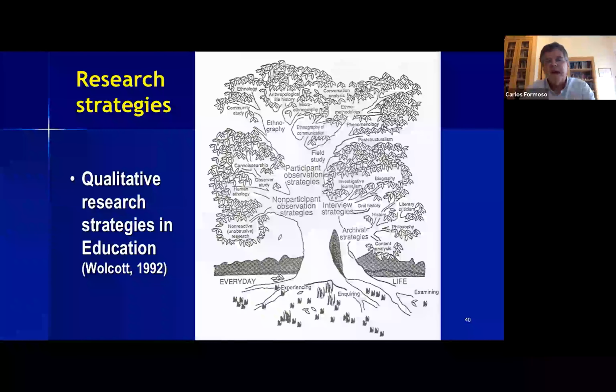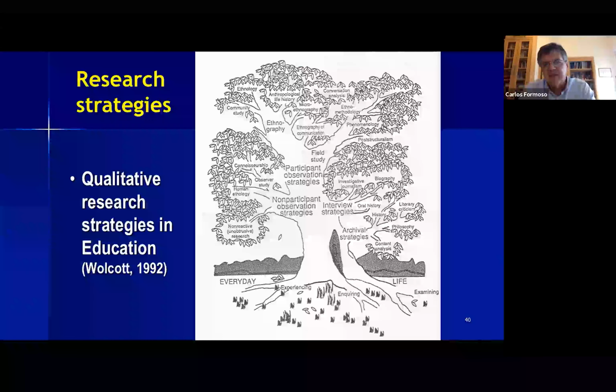So what I expect to have in design science research in the future is a kind of tree in which we can have a wide range of research methods. Like this is an example from the education field, examples of research strategies applicable to education, right?